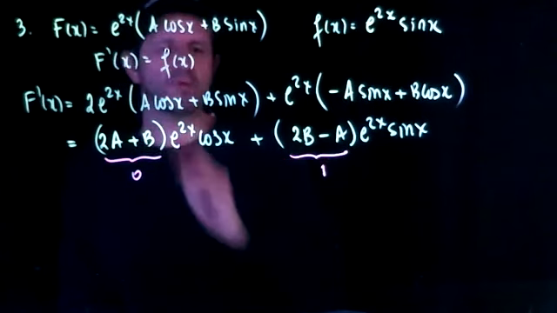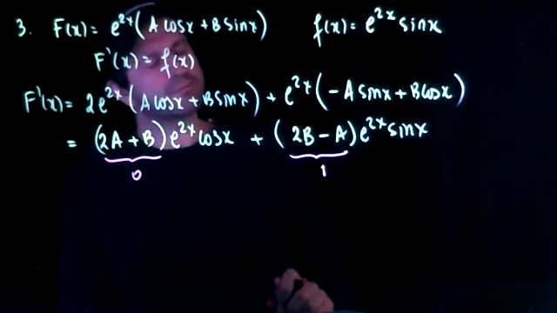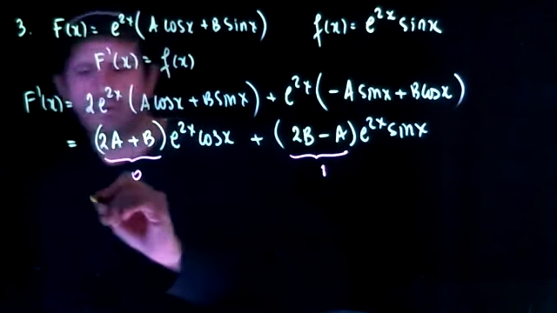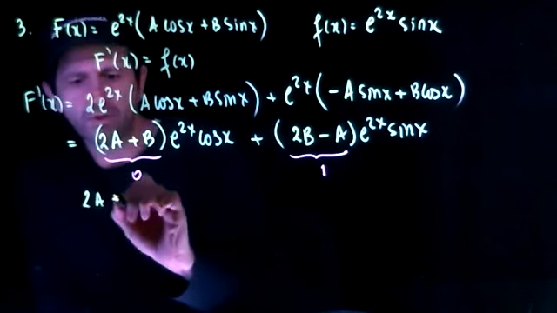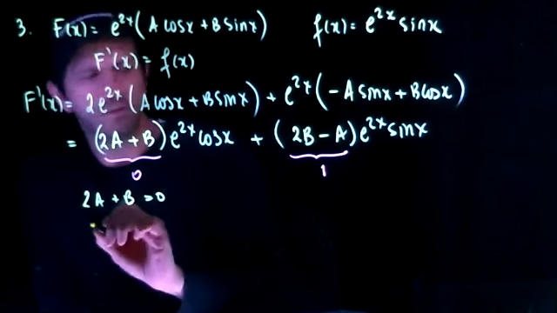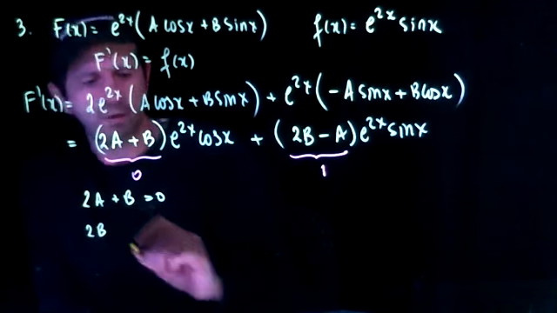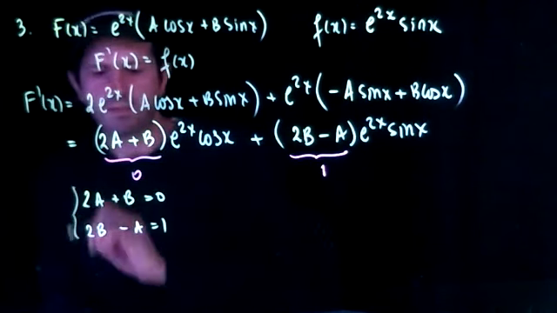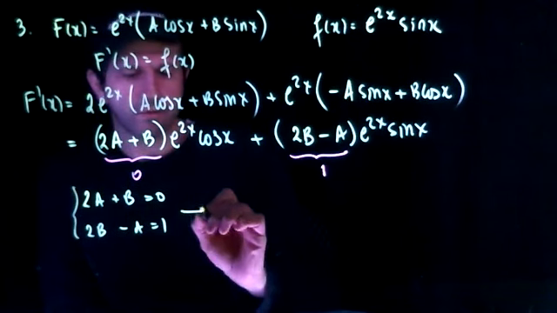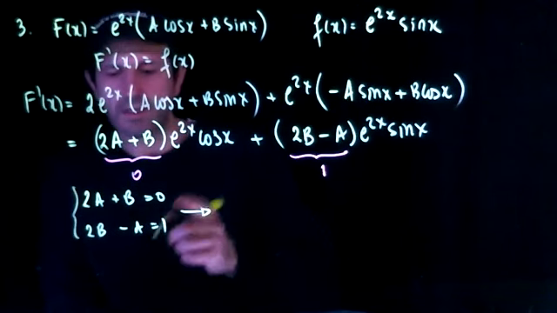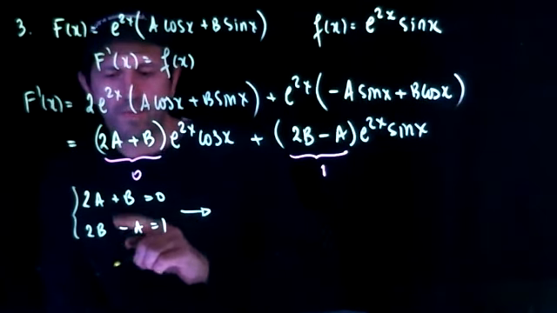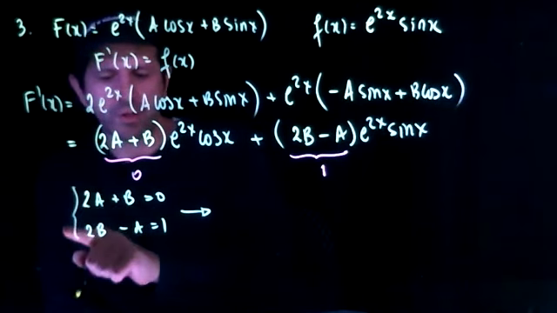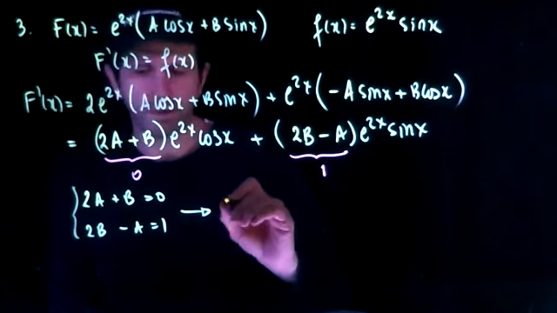And then you have a very simple system of equations you can solve. Okay, I'll do it for you if you want. So 2a plus b equals 0, and then 2b minus a is equal to 1. That's my system. So let's say I'm going to do 2 times the first plus the second.